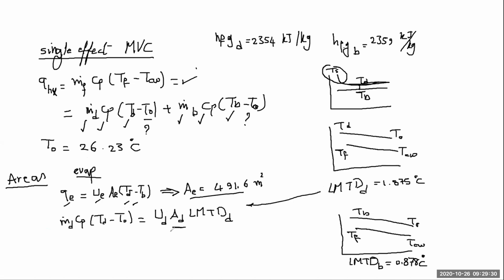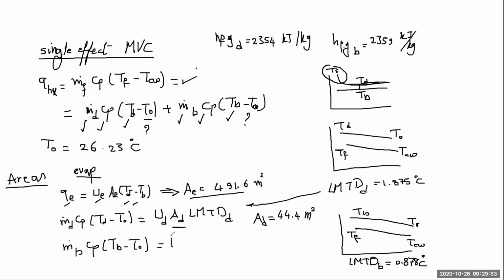From here, we can calculate AD, and AD is going to be 44.4 meters square.